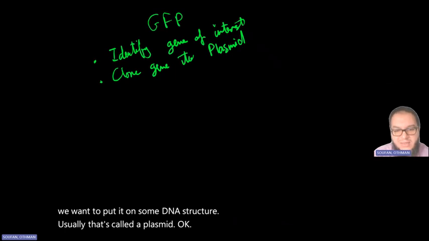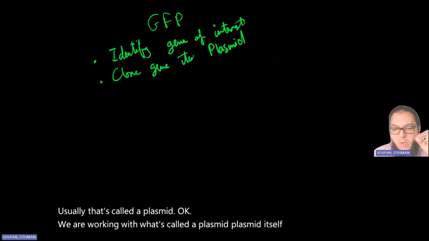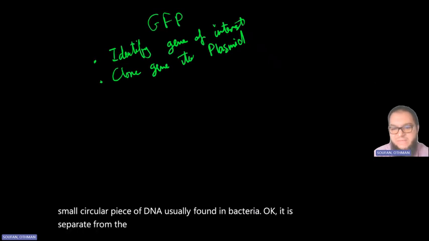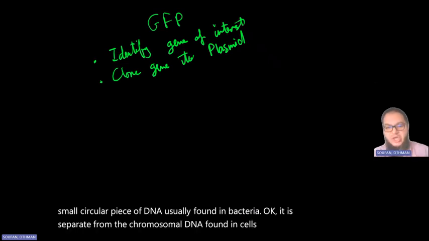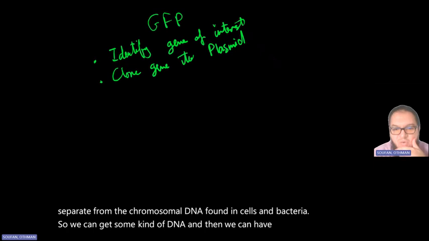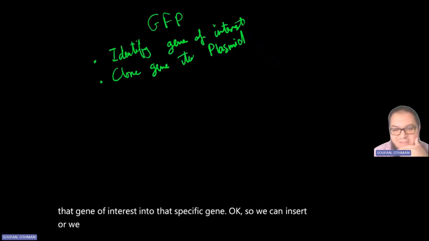A plasmid is a small circular piece of DNA, usually found in bacteria. It is separate from the chromosomal DNA found in bacterial cells. So we can get some kind of DNA and clone the gene of interest into it.